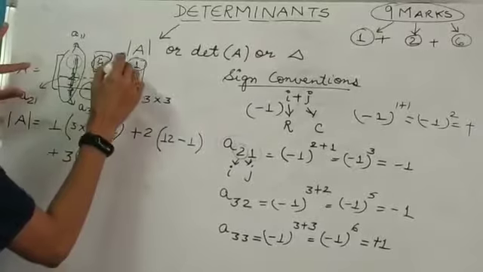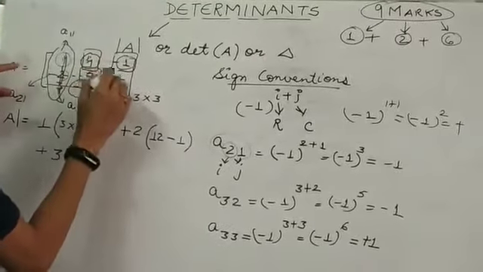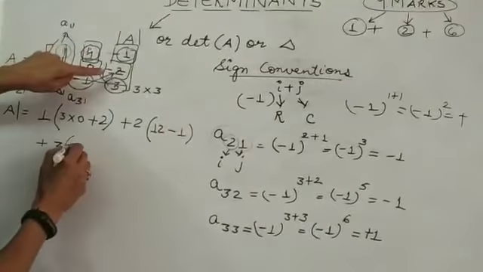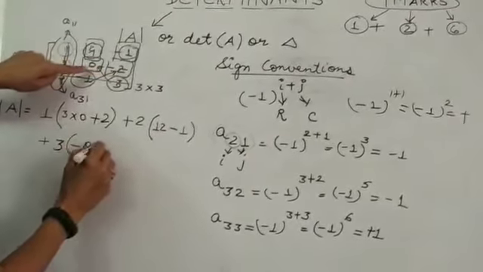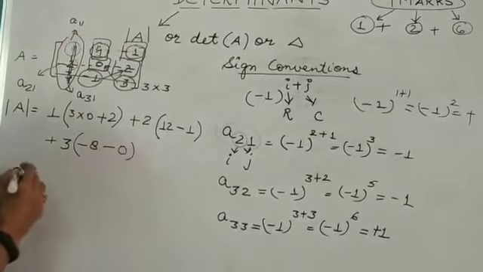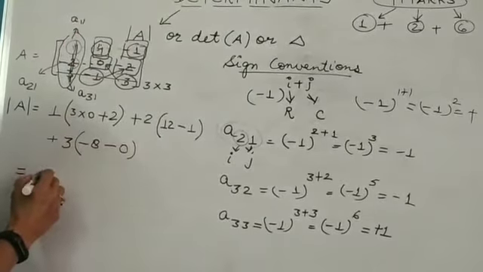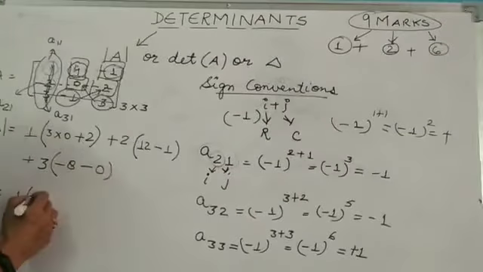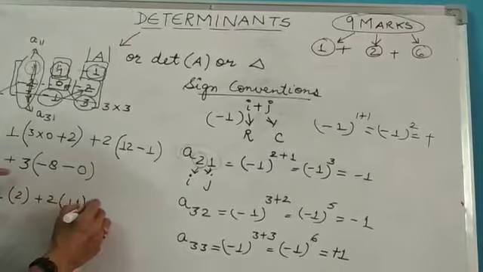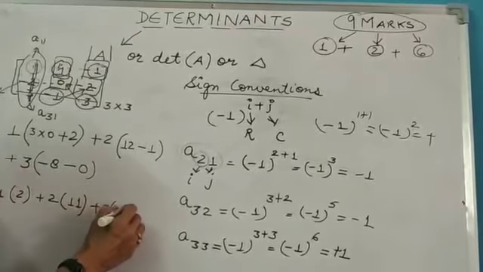So you are left with these numbers. So this is 4 into minus 2 gives you minus 8, minus this, 0 into minus 1, will give you 0. So this will be, say, 1, 3 into 0 is 0, and plus 2, plus 2, 12 minus 1 is 11, plus 3, and this will be just minus 8.